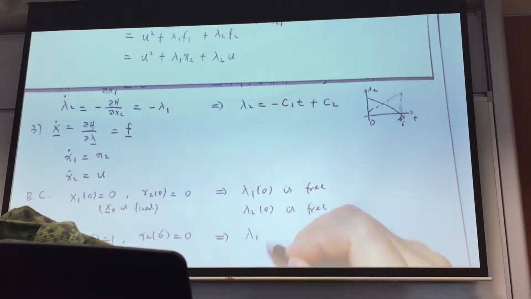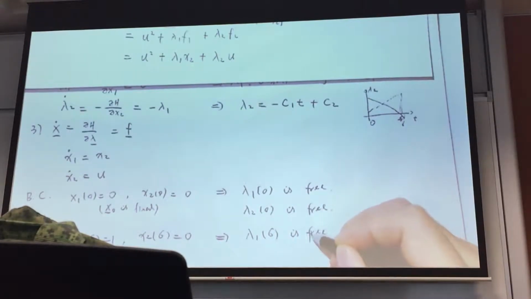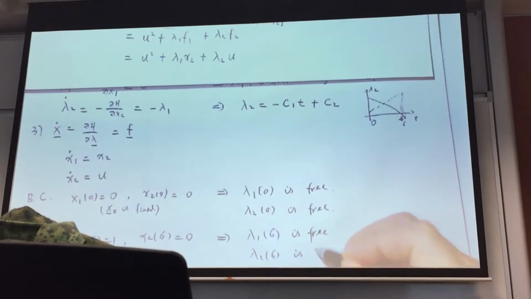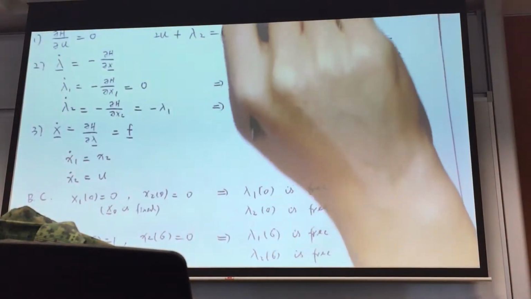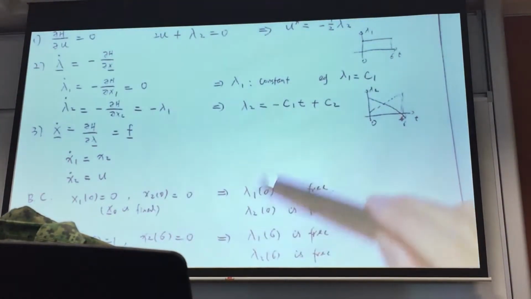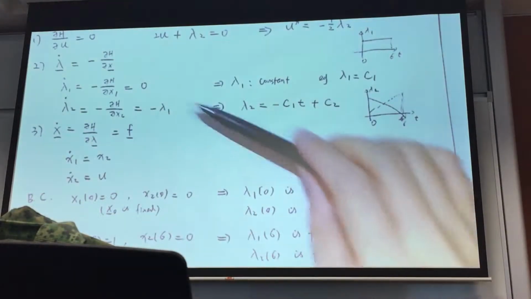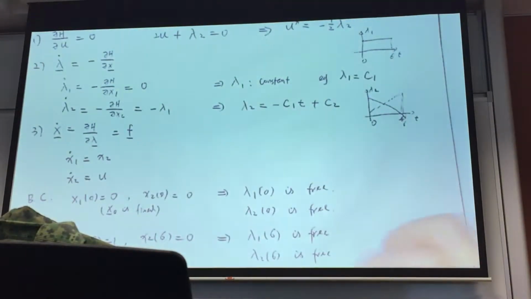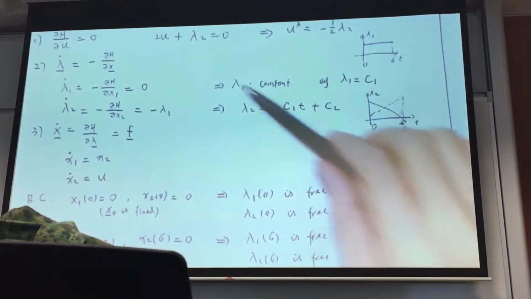So in this case, lambda 1(6) will be free to take any value, and also lambda 2(6) is free to take any value. So these are the equations and boundary conditions that we have derived from the necessary conditions. So how to solve these equations?